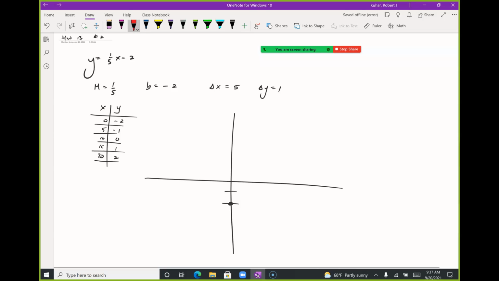I could walk the slope. So move up 1 over 5. Move up 1 over 5. 2, 3, 4, 5. And there's my next point, right? So I've got the 0, -2. I've got 5, -1. So nice, easy, quick way to graph lines.